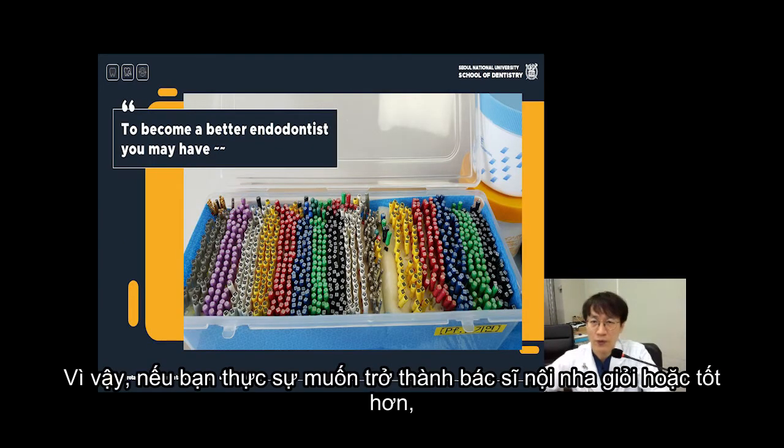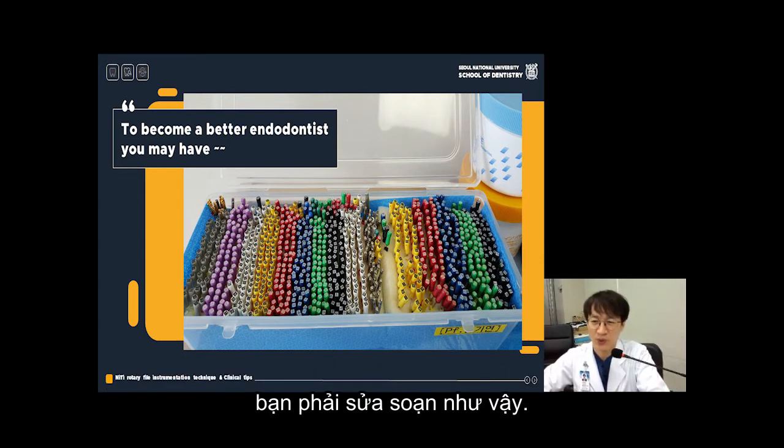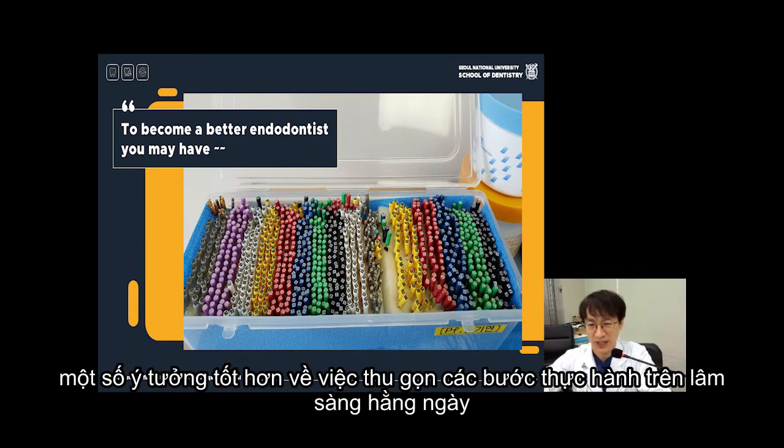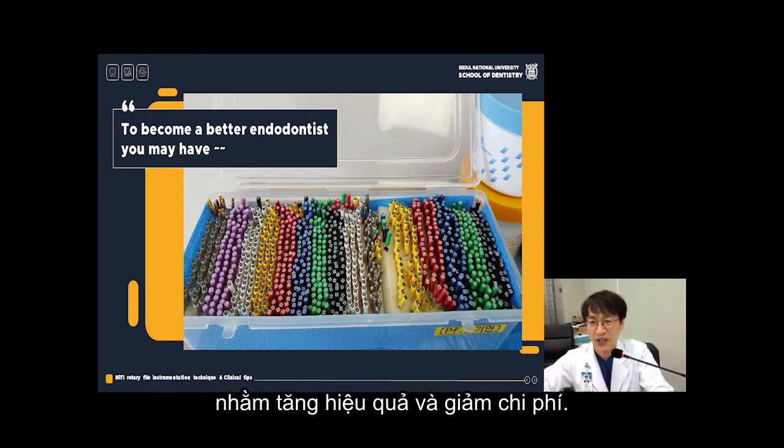So if you really want to become a good endodontist or a better endodontist, you have to prepare like this. But I'd like to give you some better ideas to make your everyday practice compact and efficient, and to reduce your cost.